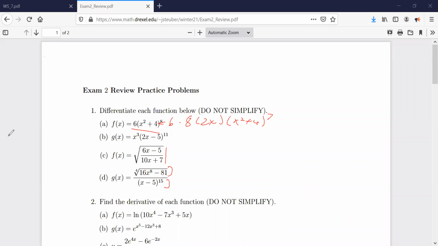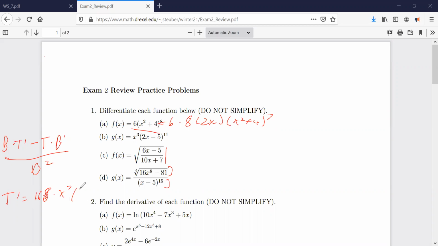So the quotient rule, again, is bottom times derivative of the top minus top times derivative of the bottom all over bottom squared. So this guy right here, the derivative of the top is going to be equal to 16 times 8 times x to the 7.